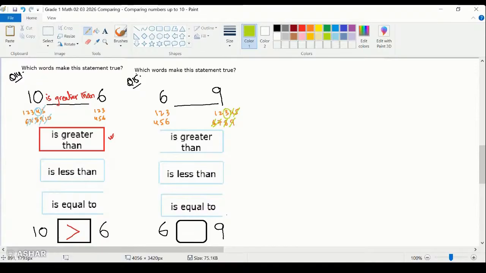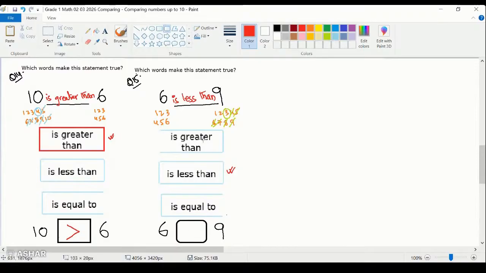Perfect. Okay, that means we know that 6 was less than 9. But if we need to put the sign, I told you that the large, perfect. Thank you.